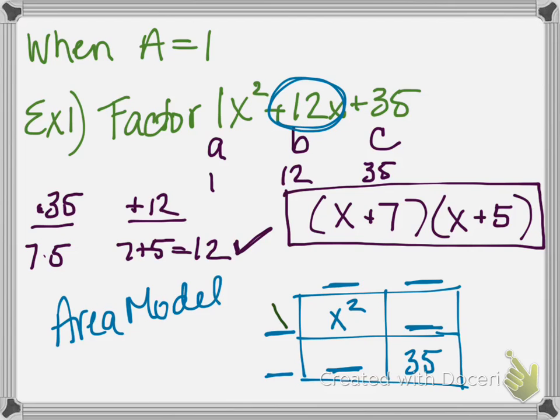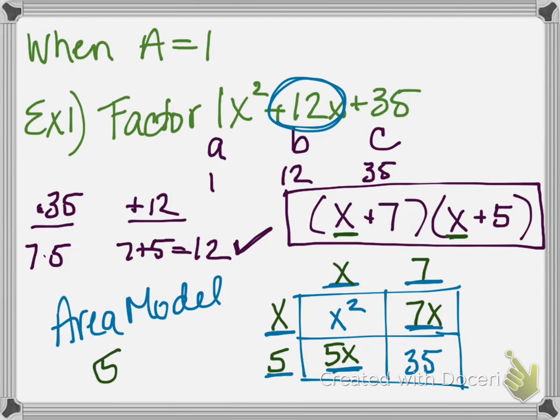So we know to get x squared, we have to have the x and the x, and that's where it comes from here in the parentheses. To get 35, like I said, the first thing that comes to my mind is the 7 and the 5. And then I would fill in the other parts of this box here. So 7 times x is 7x, and 5 times x is 5x. And then we check.